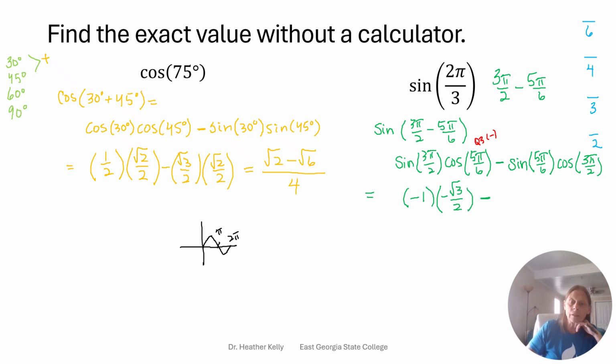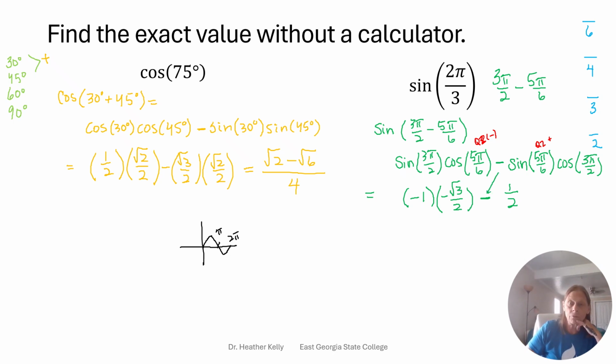Minus, and now let's do the sine of 5 pi over 6. Sine of 5 pi over 6, that's in quadrant 2. Oh, I'm sorry, this is quadrant 2, but it's still negative. This is in quadrant 2 as well, but it's going to be positive. And the sine of 5 pi over 6 is going to be 1/2. So that negative holds from here.